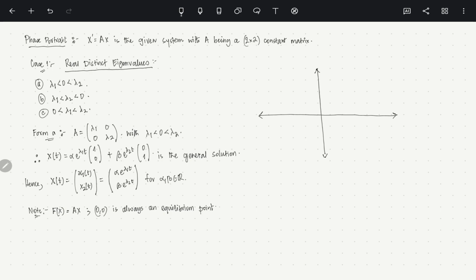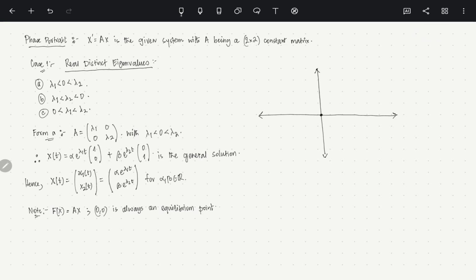And let's say there are two distinct eigenvalues, in this case lambda 1 is less than 0, which is less than lambda 2. In this kind of case, A is invertible, and (0, 0) is the only equilibrium point.